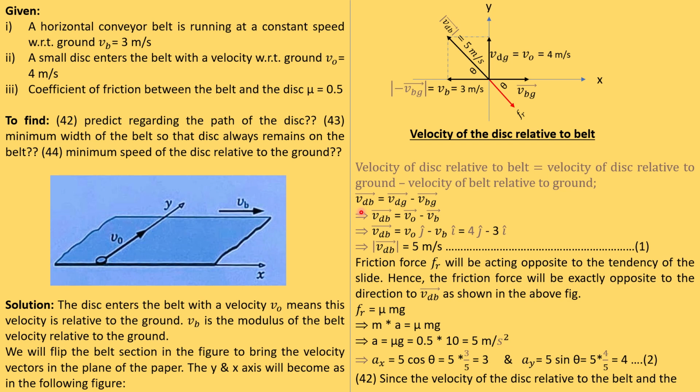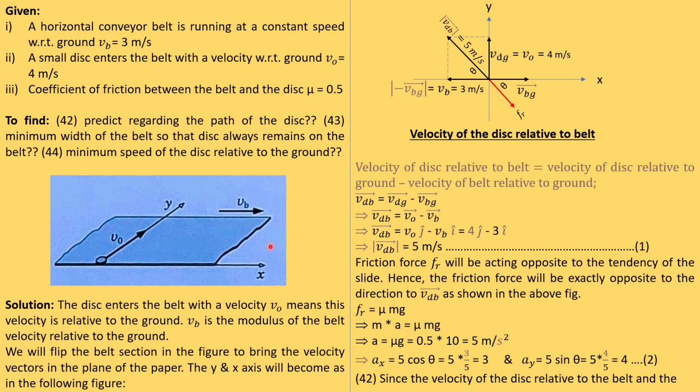We know velocity of disc relative to the belt, Vdb, is equal to velocity of disc relative to the ground minus velocity of belt relative to the ground.